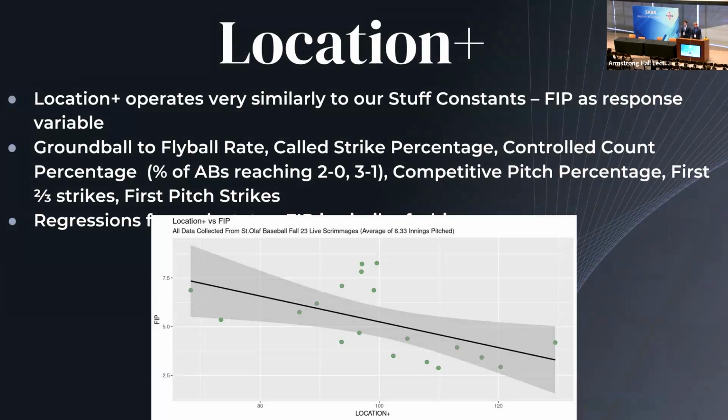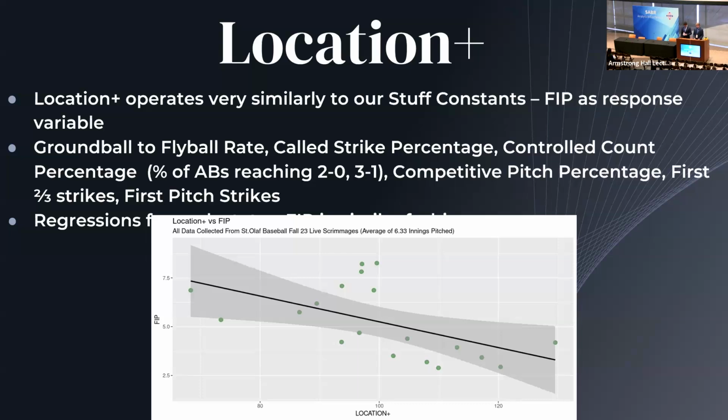So instead, we again used machine learning to create a model that could emulate that. We chose a whole number of location-based statistics from charting live games for our team, and then used machine learning to choose the statistics that we wanted.